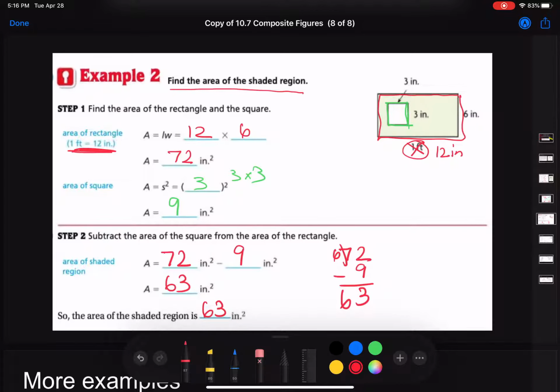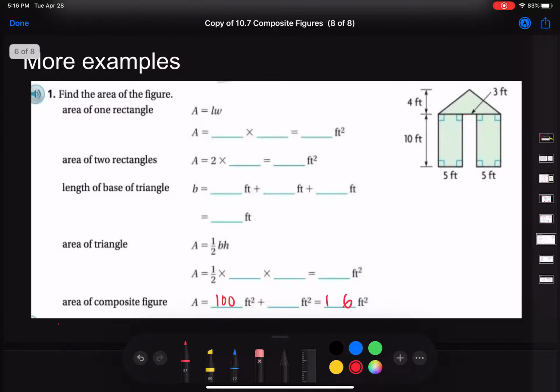Okay, there's another one, I believe, in a couple slides. So this one kind of looks similar to the one from the beginning, but with fewer shapes. It's just 2 rectangles and a triangle. So first thing you want to do is find the area of just one rectangle, because once you know one rectangle, you know both of them.